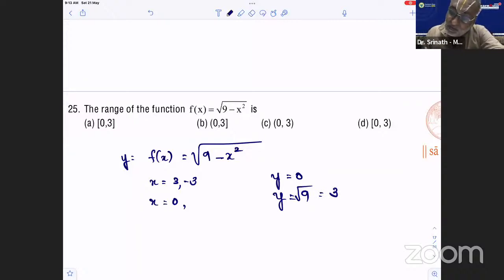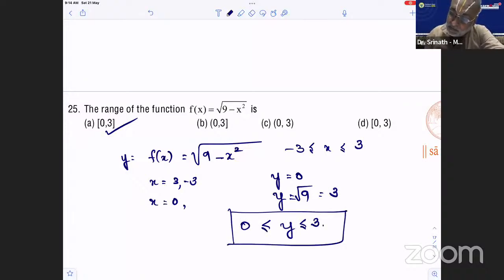So is 0 accepted? Yes. Is 3 accepted? Yes. So therefore, for the values that x can take between -3 and +3, your y will lie always between 0 and 3.